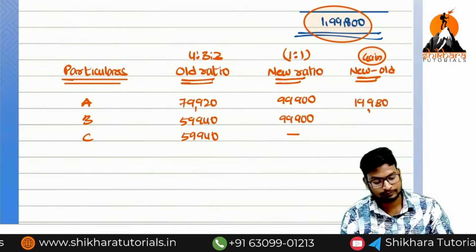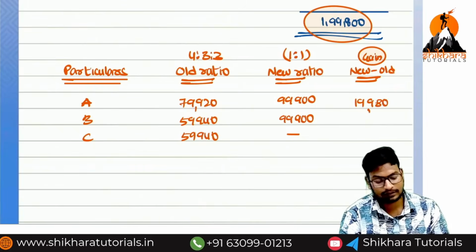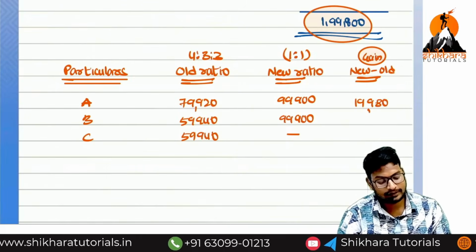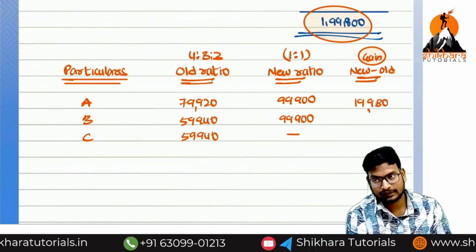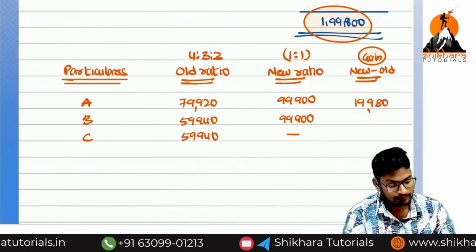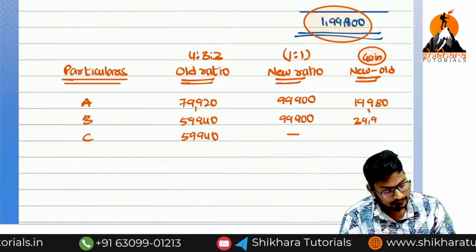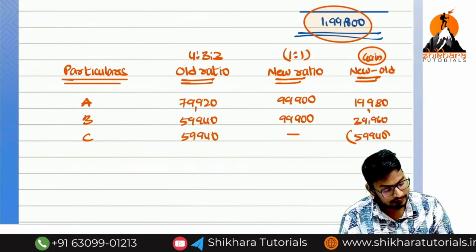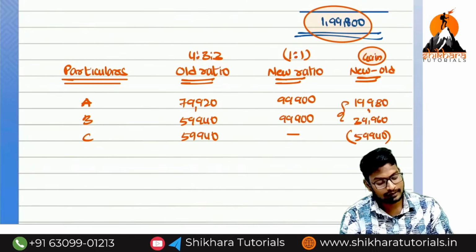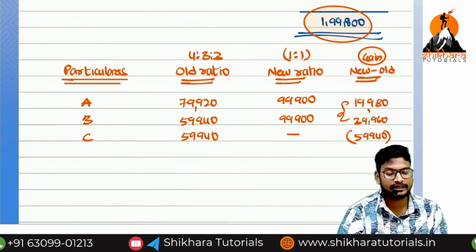Positive. And next, 99,900 minus 59,940 is 39,960. Here it is the negative of 59,940. Yes or no? If you add both the amounts, how much do you get? 59,940.